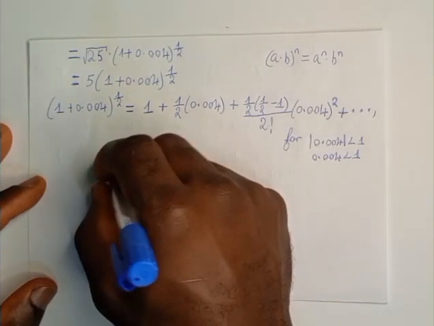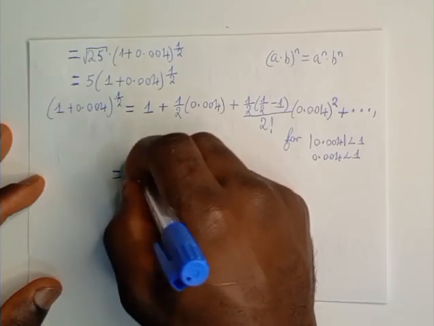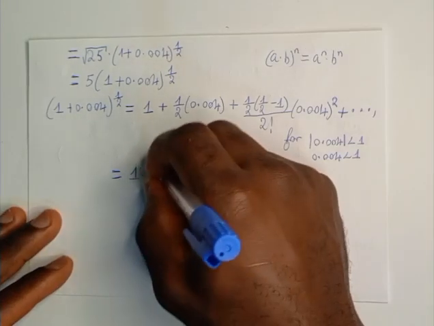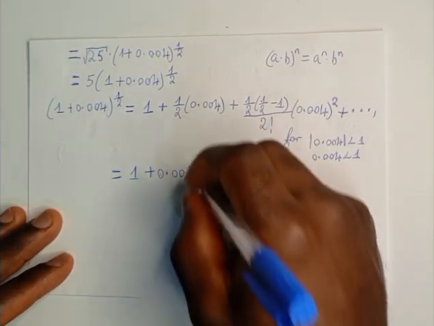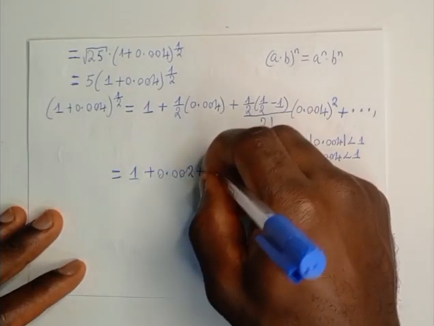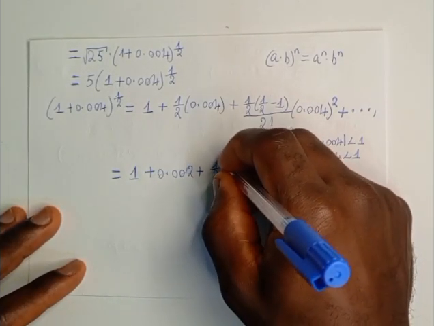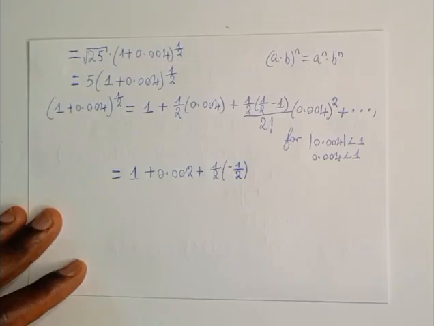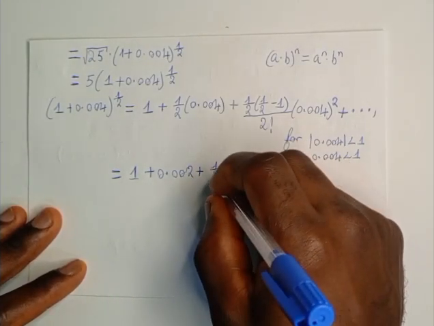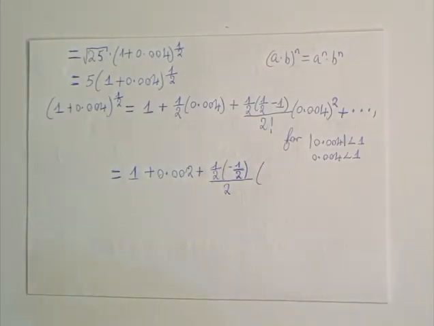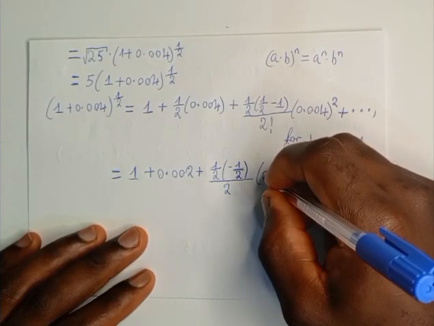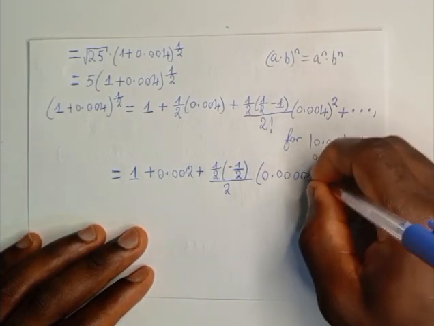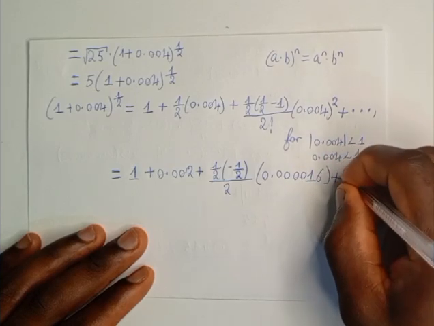Now, performing all necessary simplifications, this will give us 1 plus a half times 0.004, which gives us 0.002, plus a half times a half minus 1, which gives us negative a half, such that we divide by 2 factorial, which is 2 times 1, which gives us 2, times 0.0000016, plus the 3 dots.